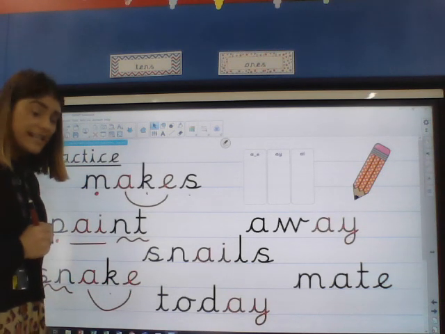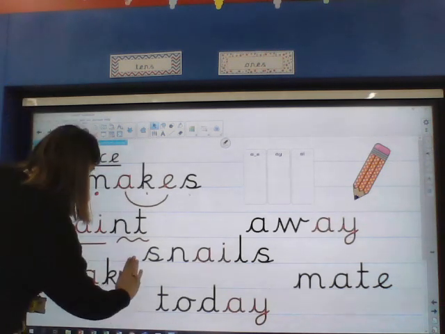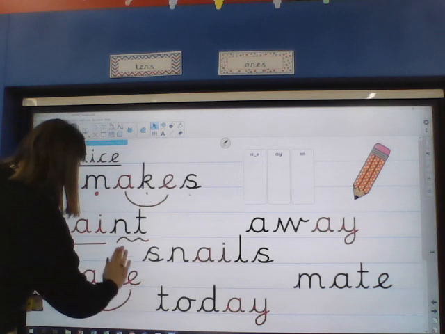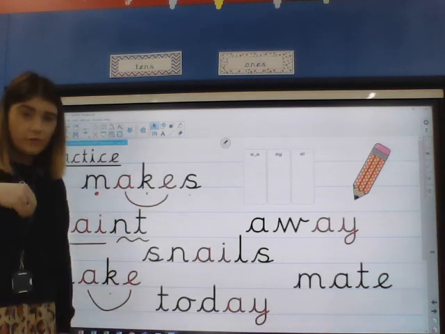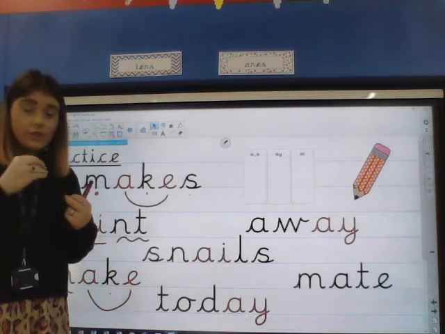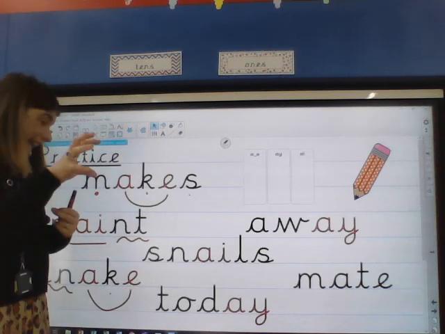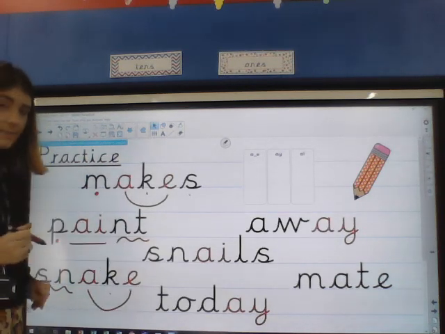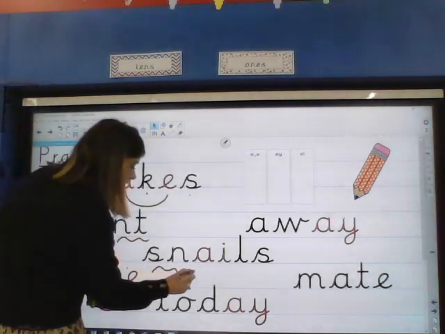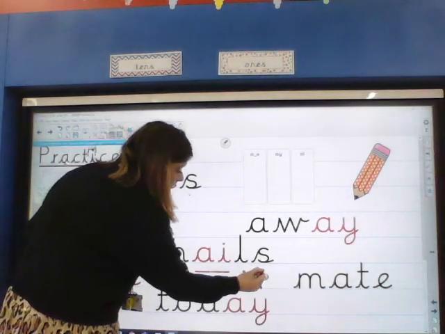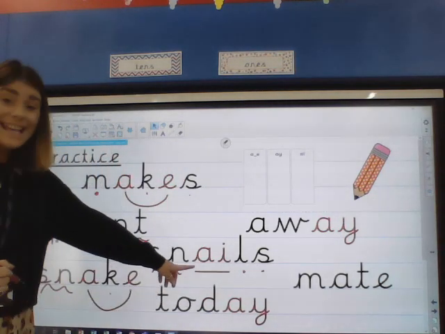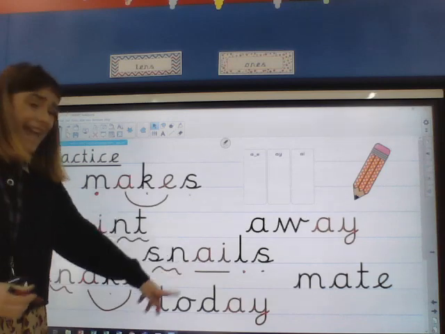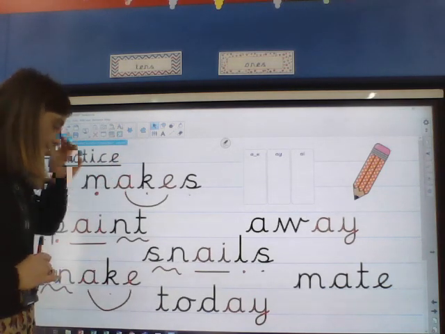And I've got my magic E on the end there. So if I hadn't got that E, it would say snack. That E is really important, remember, Year 2, because it has the ability to change the A into the A sound. Okay, let's get this word here. Snails. And here I've got my Phase 3 A, A for rain.